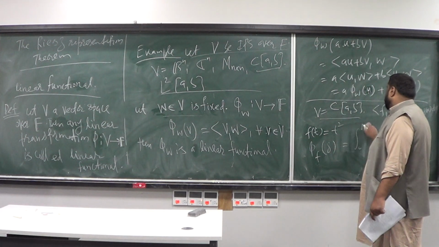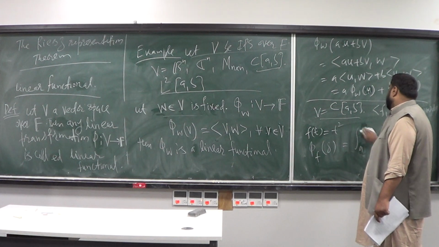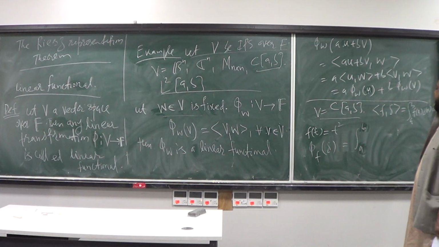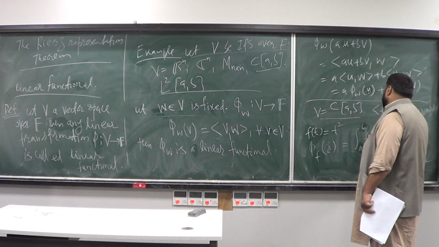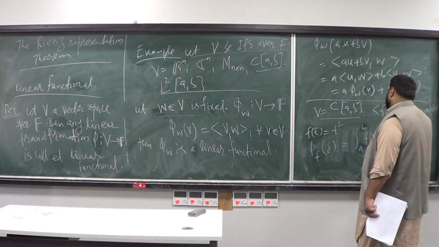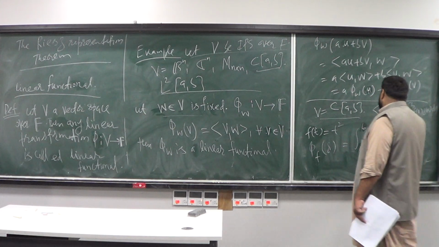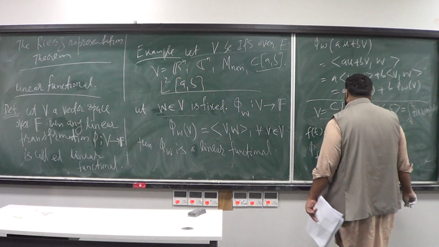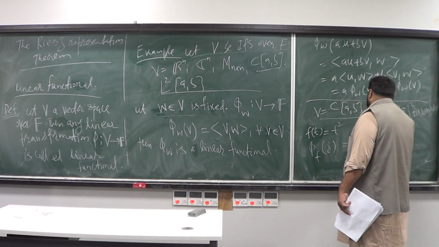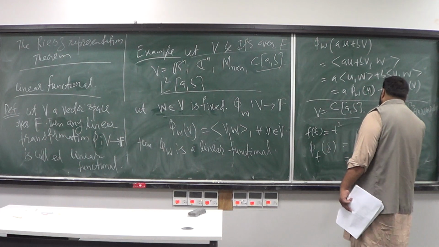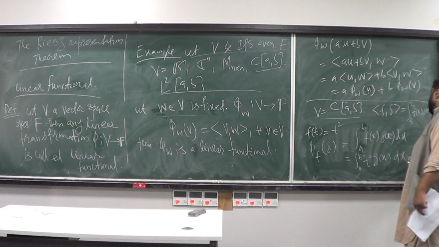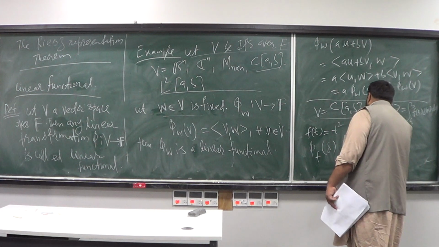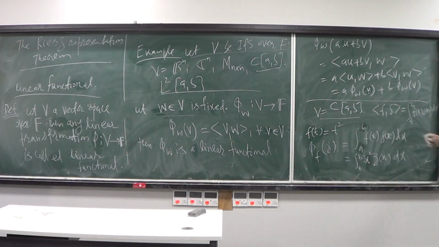Take the inner product of f with g, which means take f of x and g of x, dx, so it's going to be the integral from a to b of x squared g of x dx actually. So this is what it is going to be.